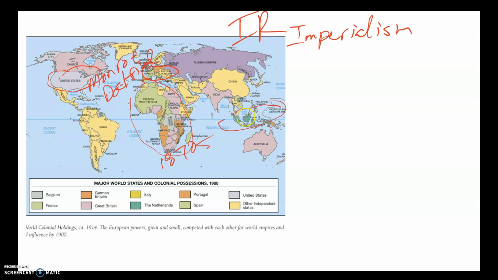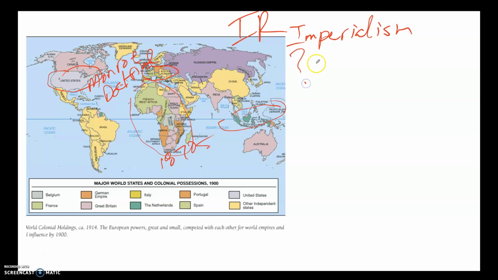You can see the Dutch here. Remember, the United Kingdom controlled by the British. So you can see India is going to be taken over by the British, Australia, New Zealand already. So there's lots of territory that is taken over by Europe and eventually the United States.